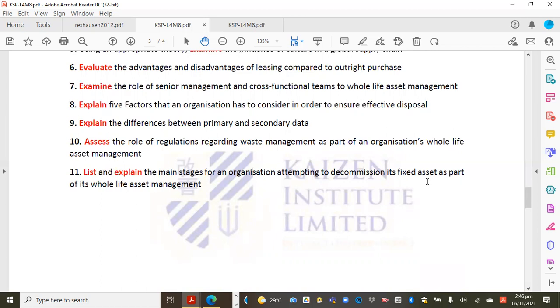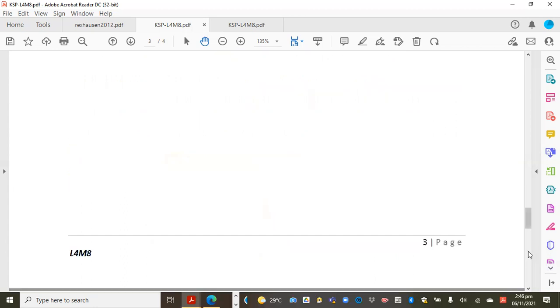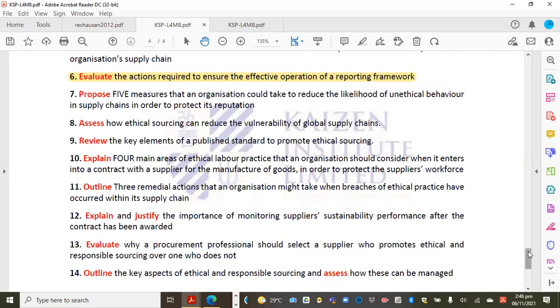On page 175, it's so clear. So the stages: start with preparation, then dismantling, then the processing and disposal. At least have 2 or 3 activities done at each stage. Okay. All right, so we can look at the last chapter.